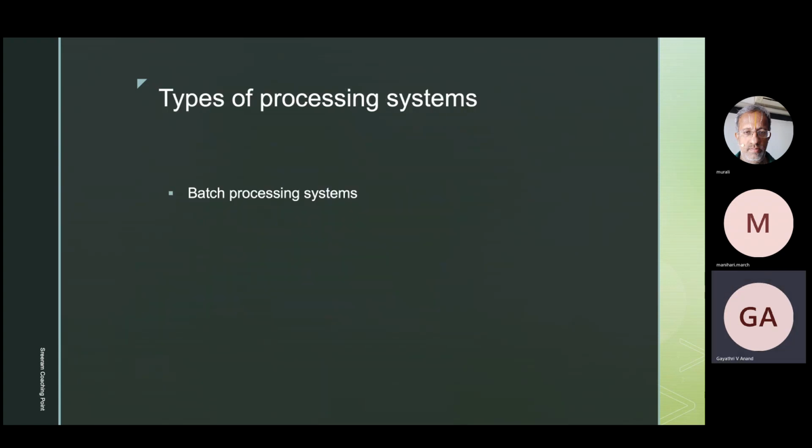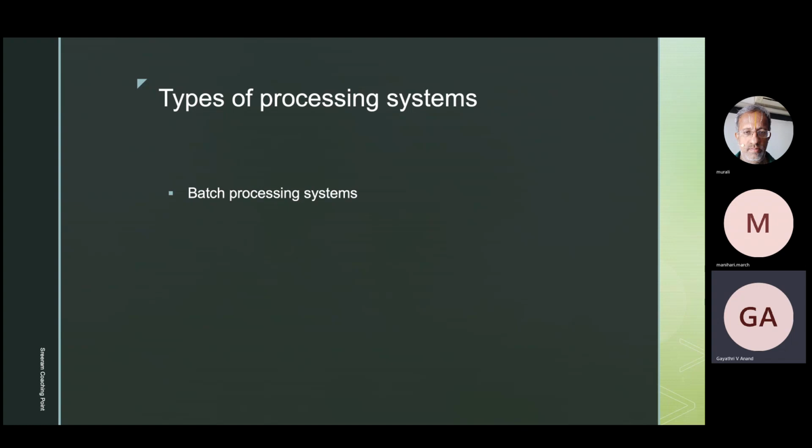Then types of processing system, this is very, very important because the first few pages of your CPA material go on and on about the different processing systems. Now, we have learned all this, but you will have to see that in tandem with your IT objectives. So the first one is a batch operating system. As you know, it processes in batches. It is very, very hierarchical. It takes a lot of time.